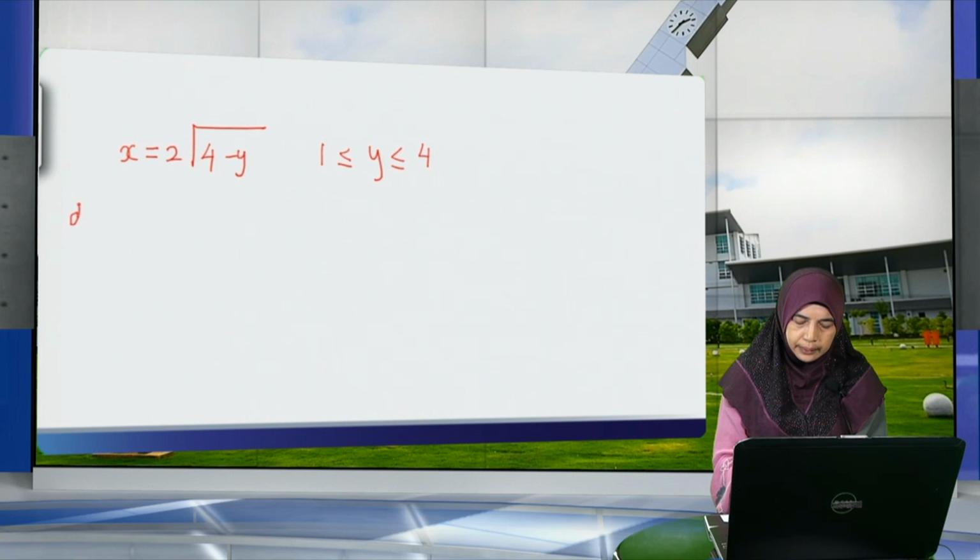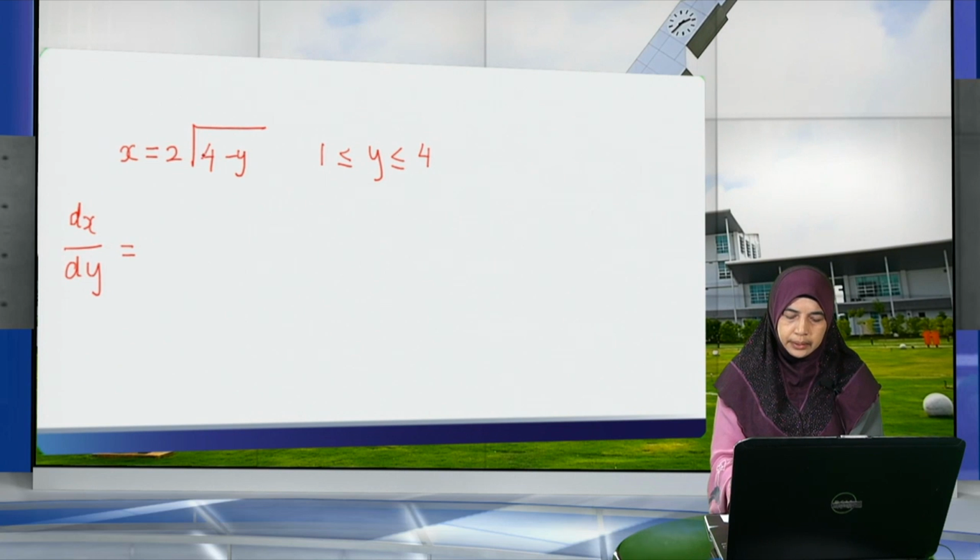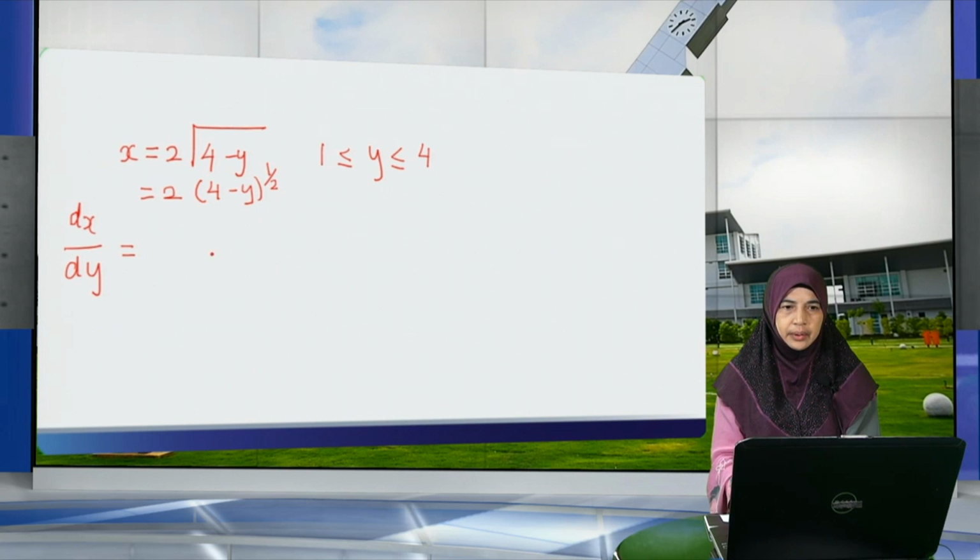So dx/dy. We need to differentiate this. We actually need to write this as 2 times (4 minus y) to the power of half. So we will do the derivative using the power rule.